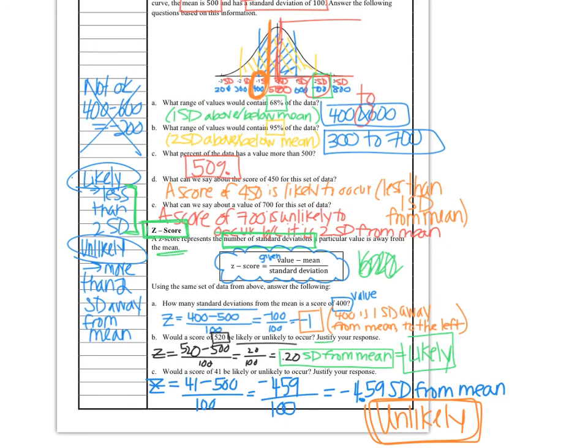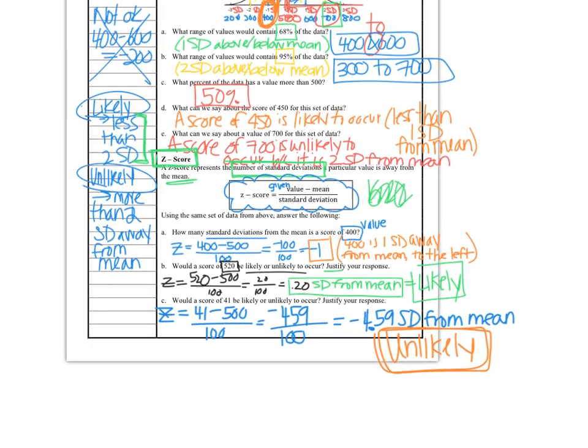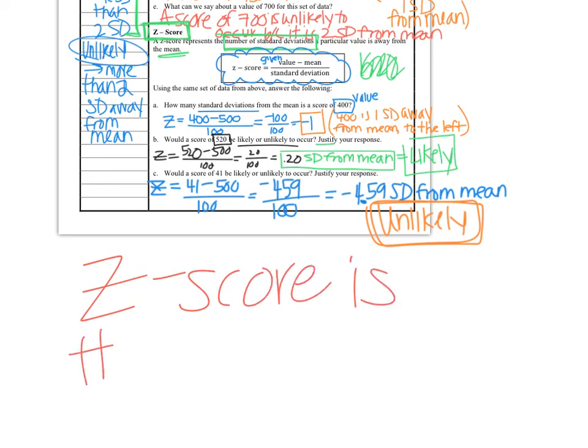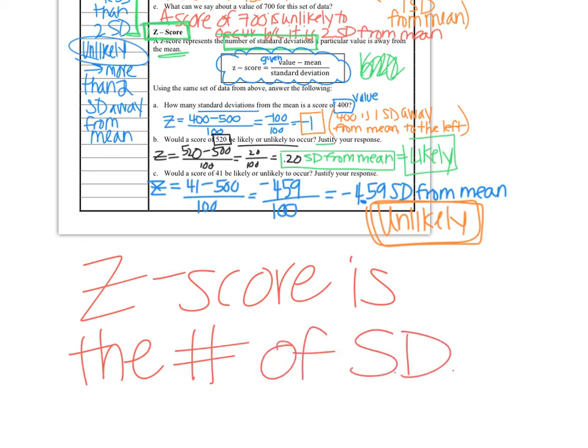Okay? I don't think there's anything on the back page, so we are good to go at this point. But again, I just want to reiterate this fact, and if you want to write this huge on the next page, do it. Because you need to understand that a z-score is the number of standard deviations. If you need to write that set of letters out in full words, standard deviations from the mean, then please do it.